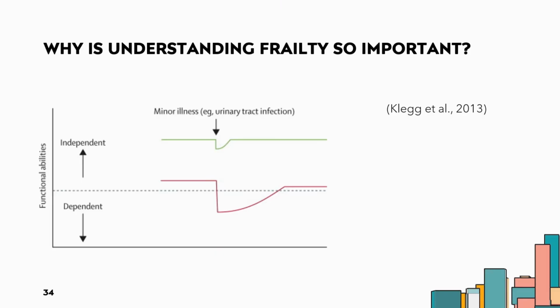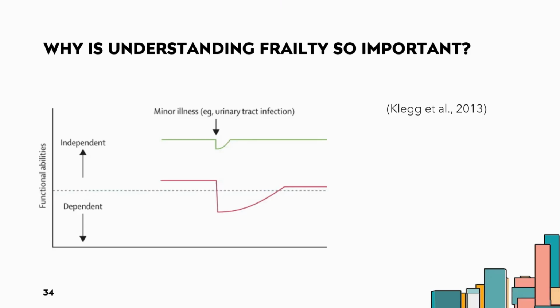As function decreases, so as we get down towards this red line, at baseline, this patient is independent. So they might be a clinical frailty score of 4, but they get the same bump in the road, the same urinary tract infection. It brings them lower. It makes them functionally dependent. Now they need assistance with their IADLs and BADLs. So the drop in function is much larger, and it takes much longer to get back up to a new plateau.